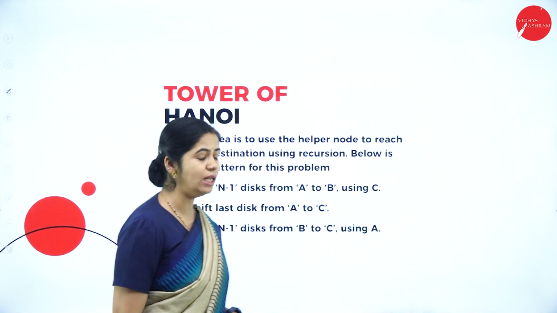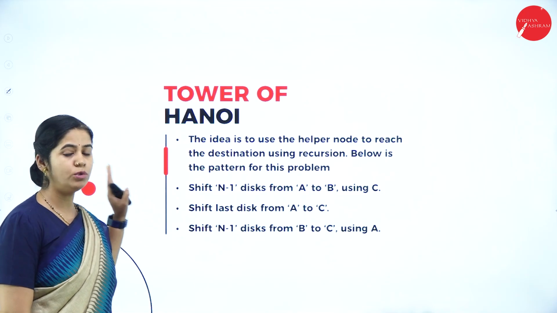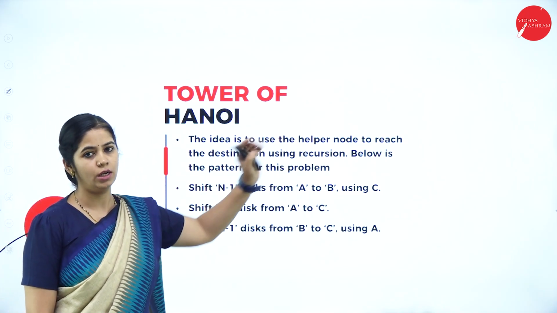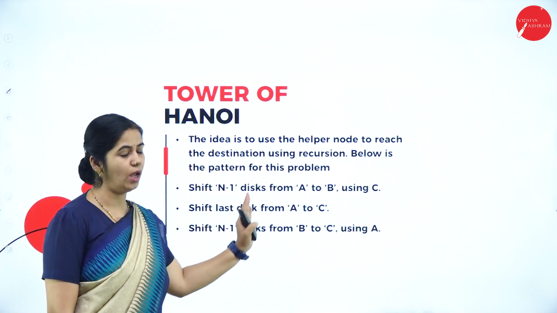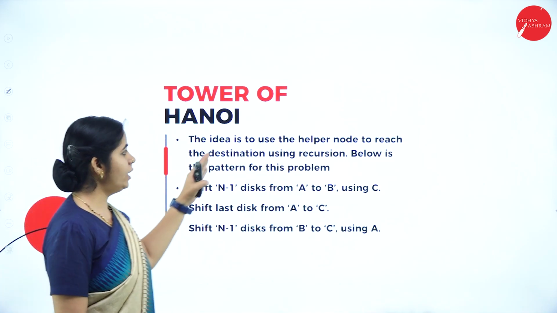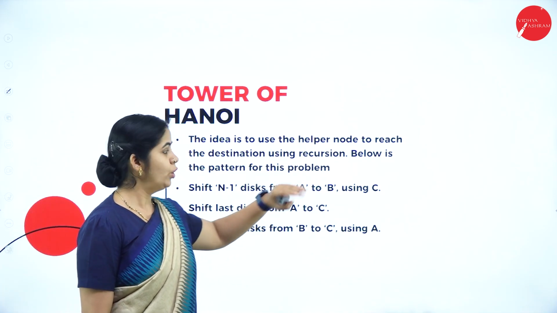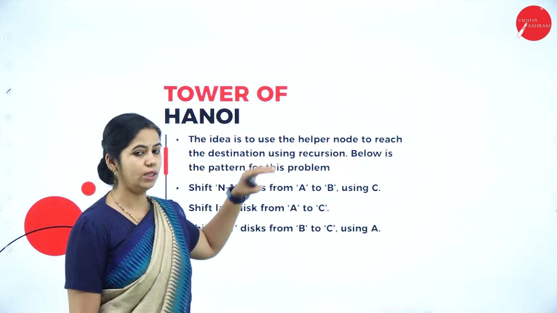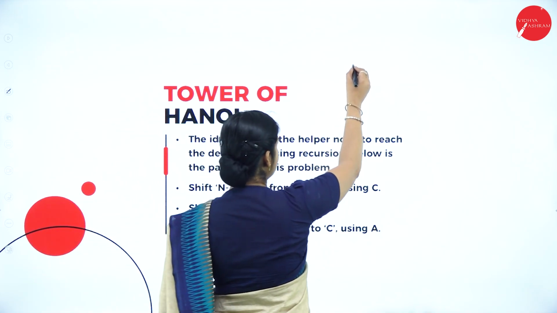So what is the idea of how we can move from the source tower to the destination tower? The idea is to use a helper tower to reach the destination using recursion.